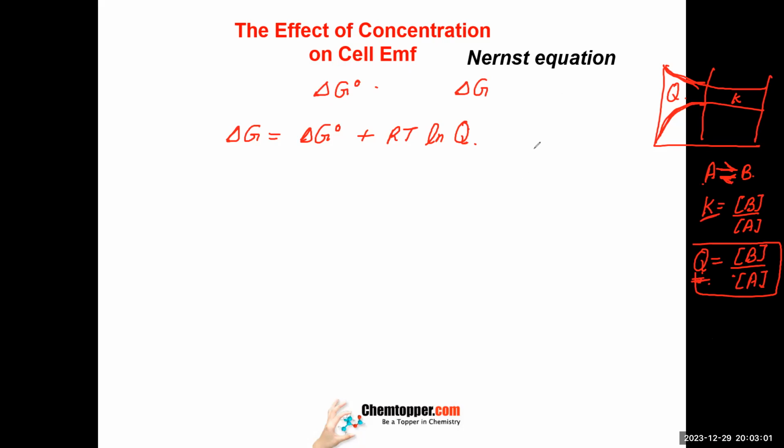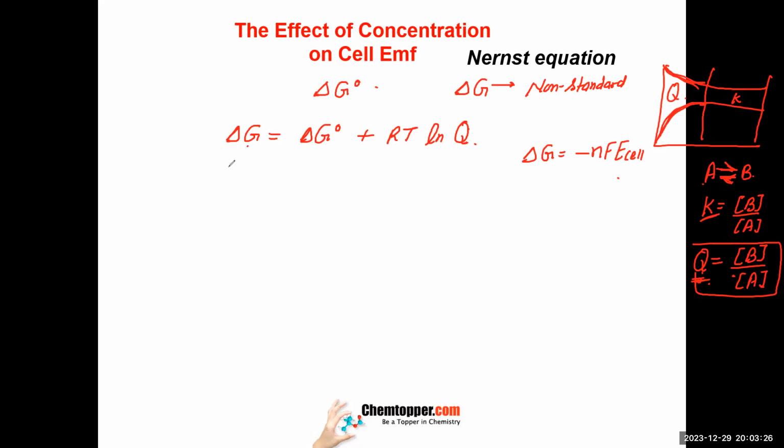But I gave you this equation also that delta G is equal to minus NF E cell. See, I'm not using naught here because delta G is also not naught. These are non-standard conditions, right? Now you plug in this here.